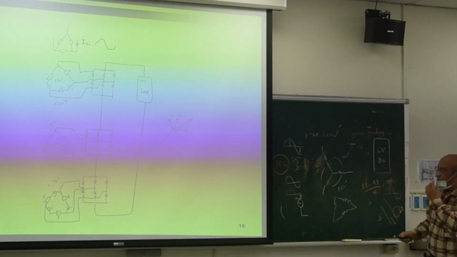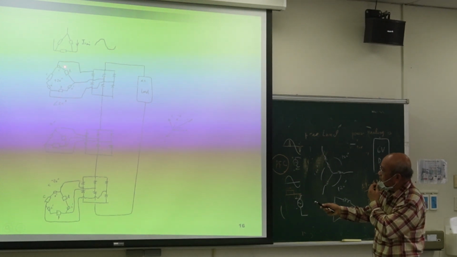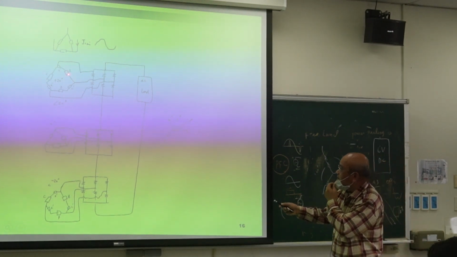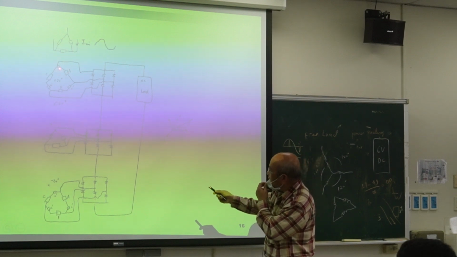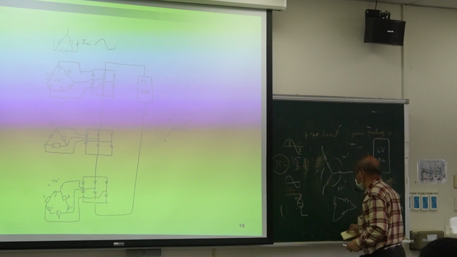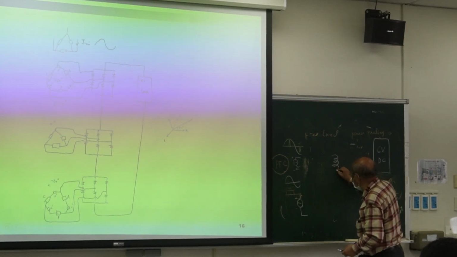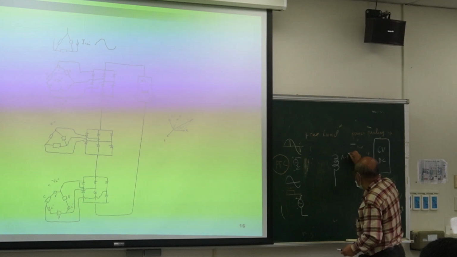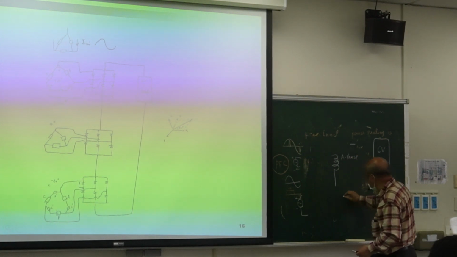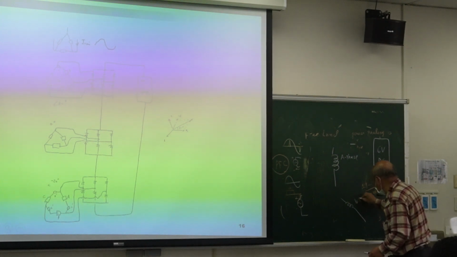But now ABB says, oh, I need A phase, and here A phase should connect to B phase. So it is like this. I have a transformer, this is A phase. I have another transformer, this is B phase.